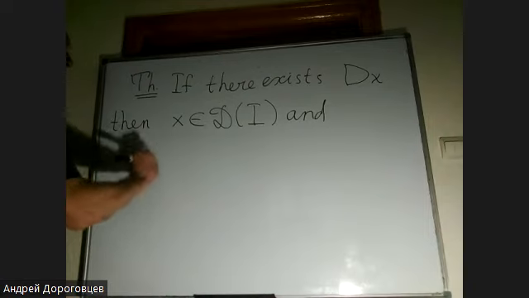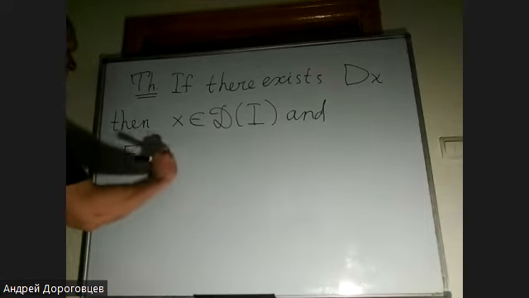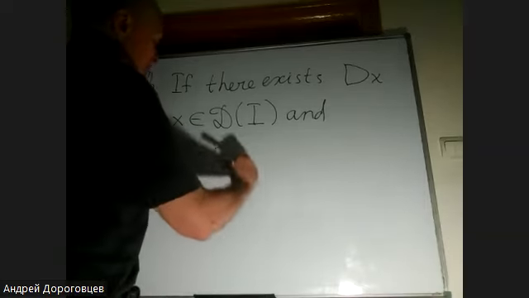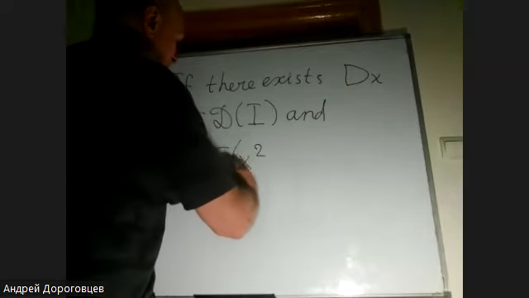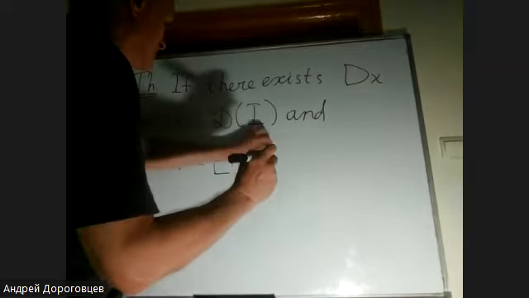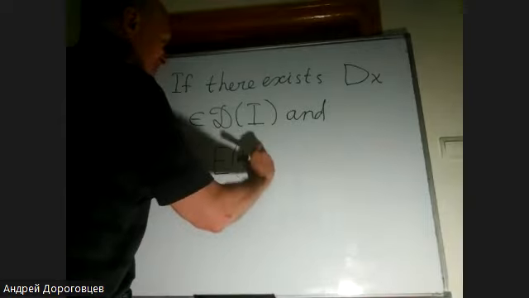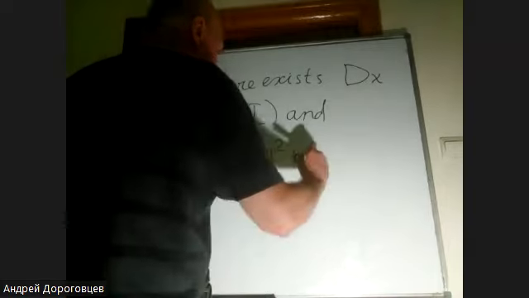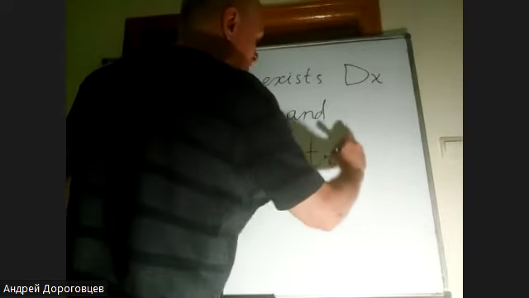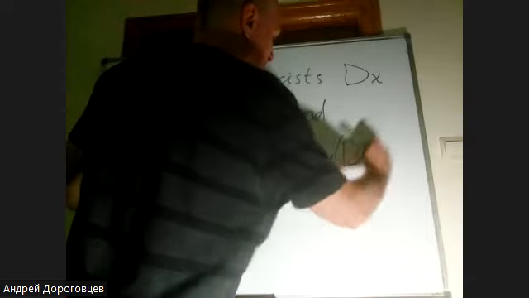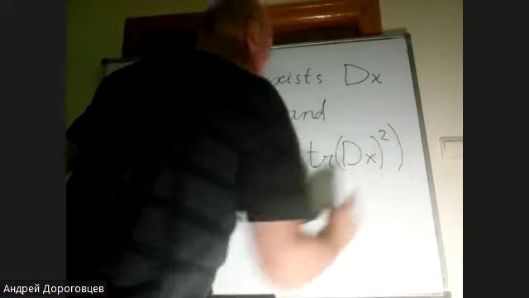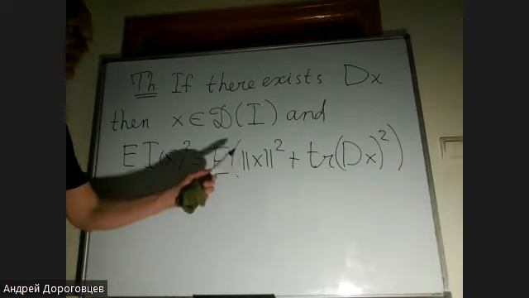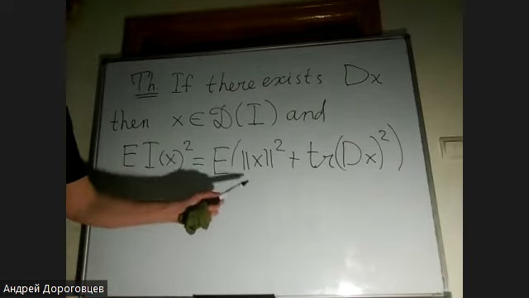The expectation of the square of the integral of X is equal to the expectation of the squared norm of X plus the trace of (DX) squared. Here the norm is taken in the space L2[0,1].